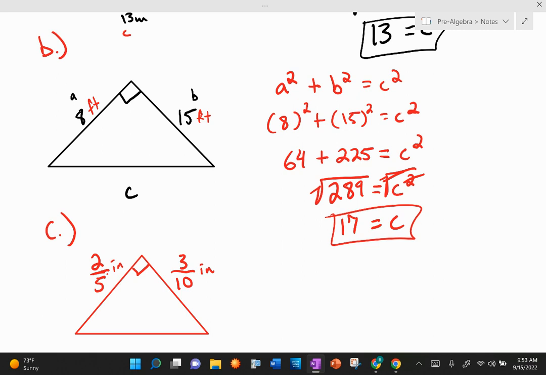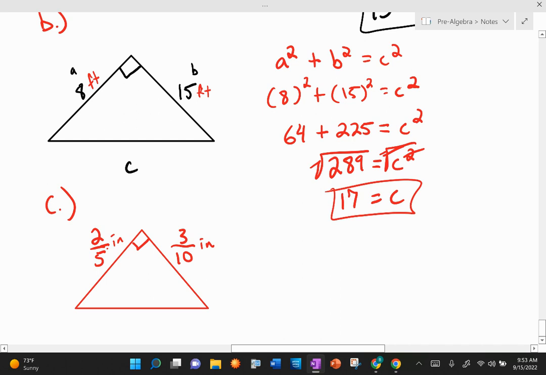Okay. Have we worked on number 2 yet? Do we need a little more time? Or letter C? Letter C. Okay. I had a good question about letter C a second ago, so if you're still working on it, this might apply to you. If you want to flip it to decimals to work the problem, that's totally fine.